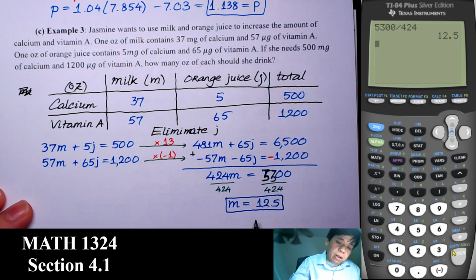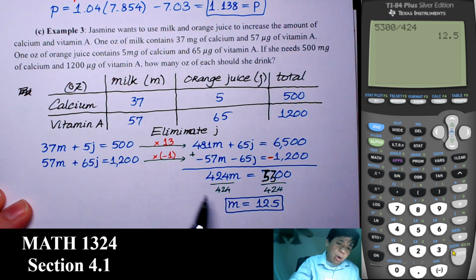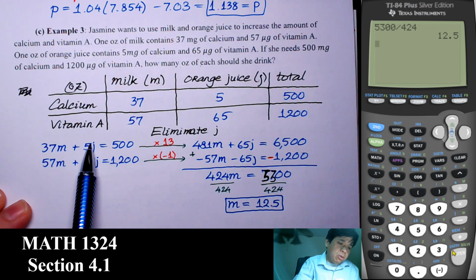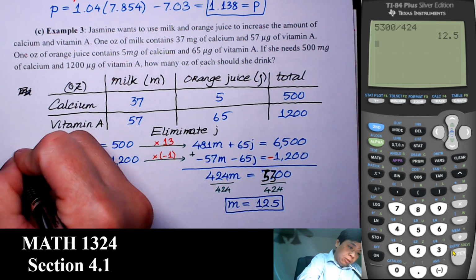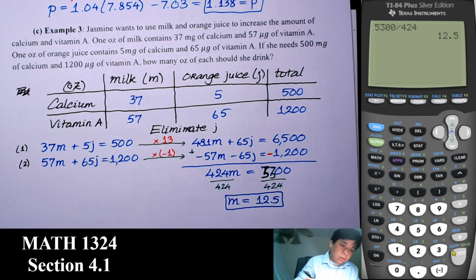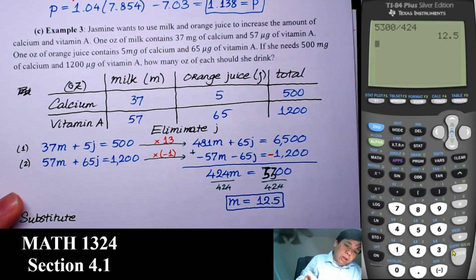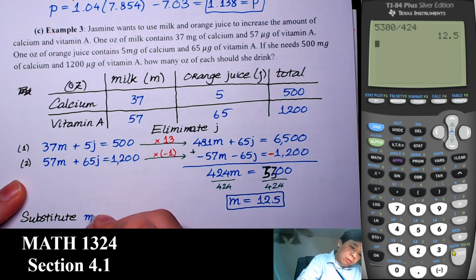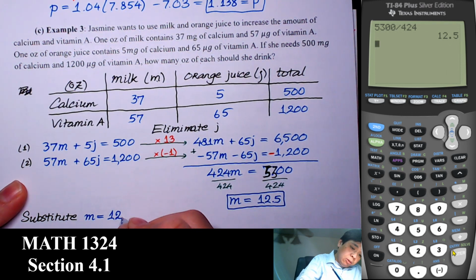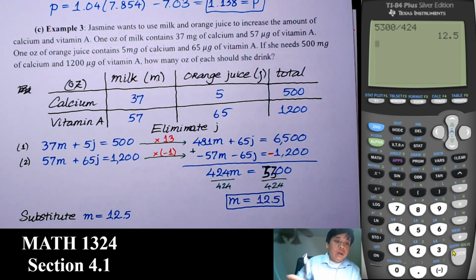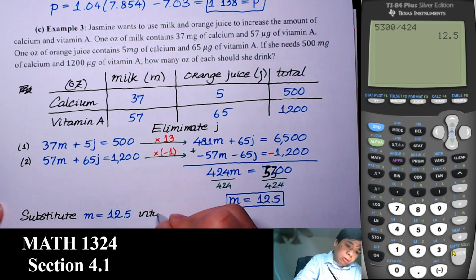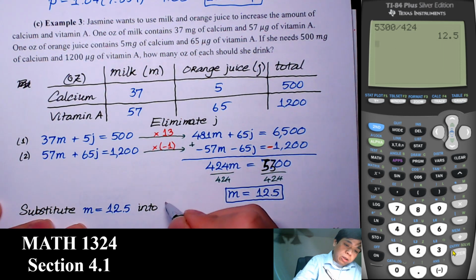And now we just need to solve for j. We can pick one of these equations and solve for j, and the coefficient is easier in the one with 5j, since it's smaller, so we go for that equation. Substitute m equal to 12.5 into the first equation.